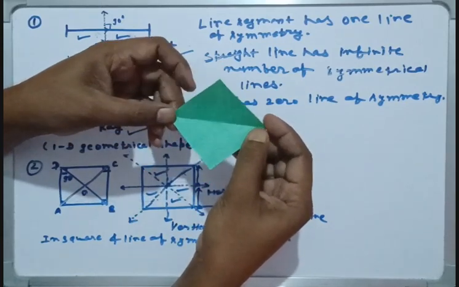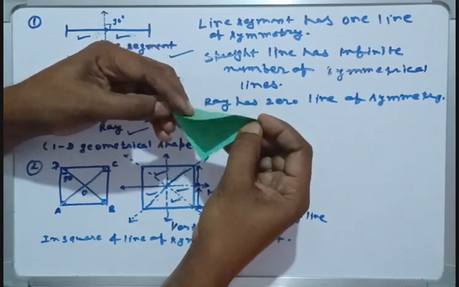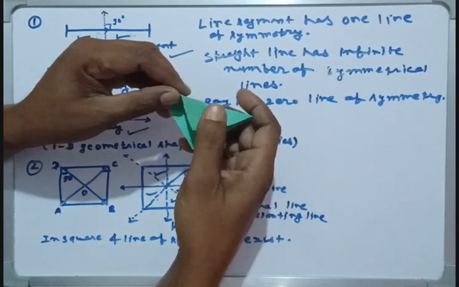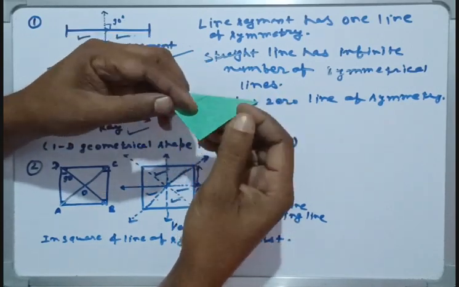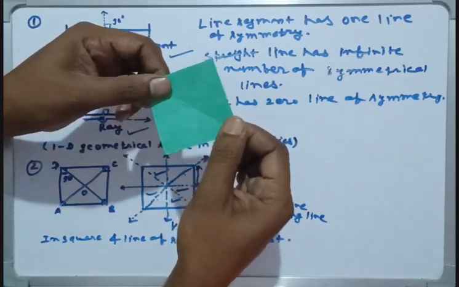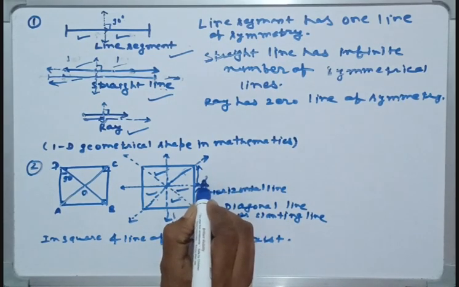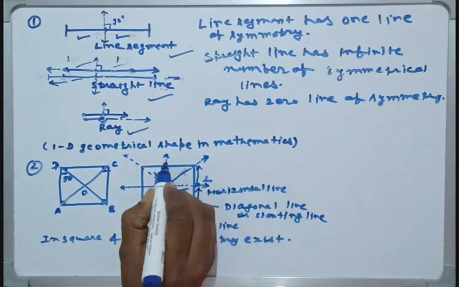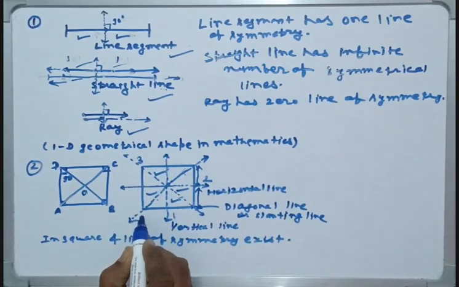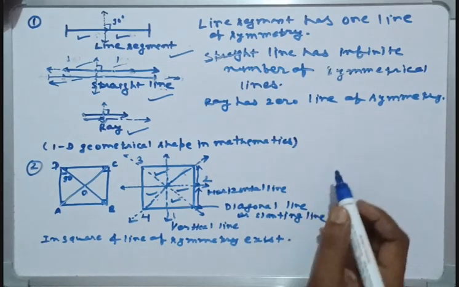When we fold this square along this diagonal line, what happened, this one half part overlaps the second half part. Okay guys, so this is all about symmetry in a square. You can also see here, this one is the first line of symmetry, this one is the second line of symmetry, this one is the third line of symmetry, and this one is the fourth line of symmetry in a square.